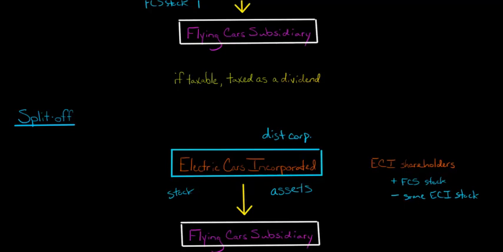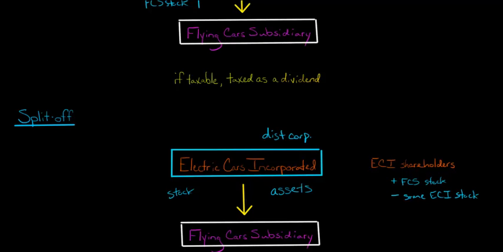Now, this could be pro rata, where every shareholder is affected on a pro rata basis, or it could be non-pro rata. You could have a situation where there's some kind of dispute over what to do with the assets of Electric Cars Incorporated, and you use this as a way to buy out some shareholders that are in two distinct camps, arguing about the direction of the firm.